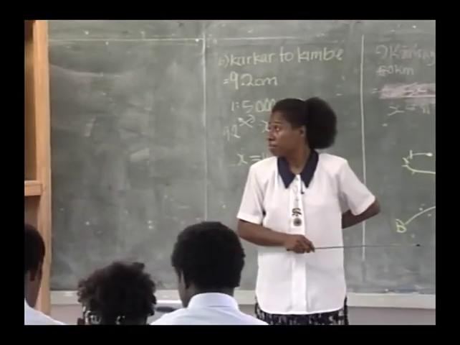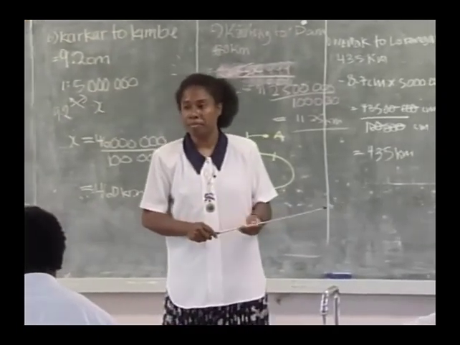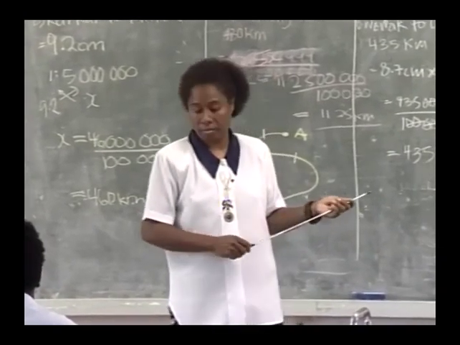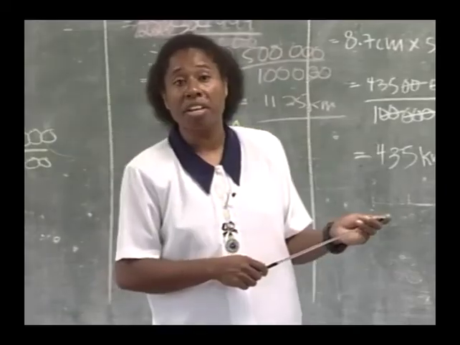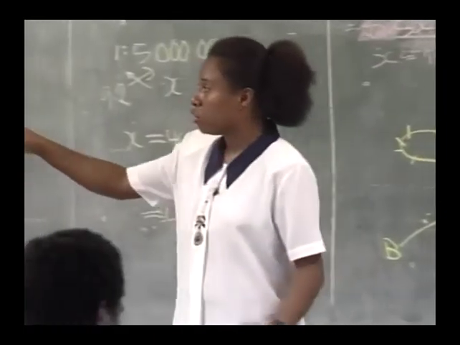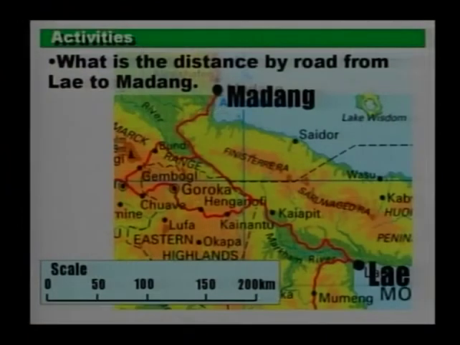Dorothy, Leh to Medeng. 255 kilometers. 255. Double check, everyone. We're happy with the distance then? Okay, so from Leh to Medeng, if it is 5.1 centimeters, after we've done all the calculations, we would say that it's about 255 kilometers.